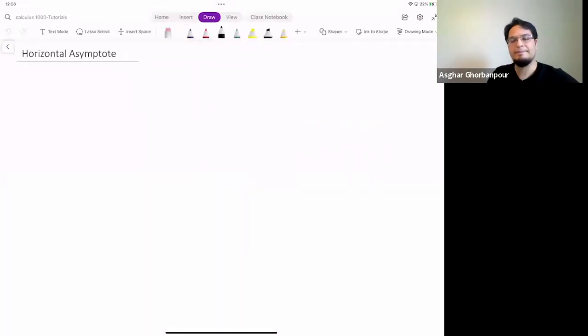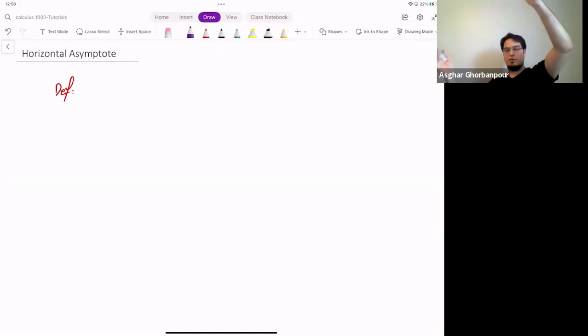Okay. So horizontal asymptotes, this is just the definition. Remember, the vertical asymptotes are vertical straight lines. So the equation for vertical lines is x equal to a number. Horizontal asymptotes are horizontal straight lines, and their equations are y equal to a number.